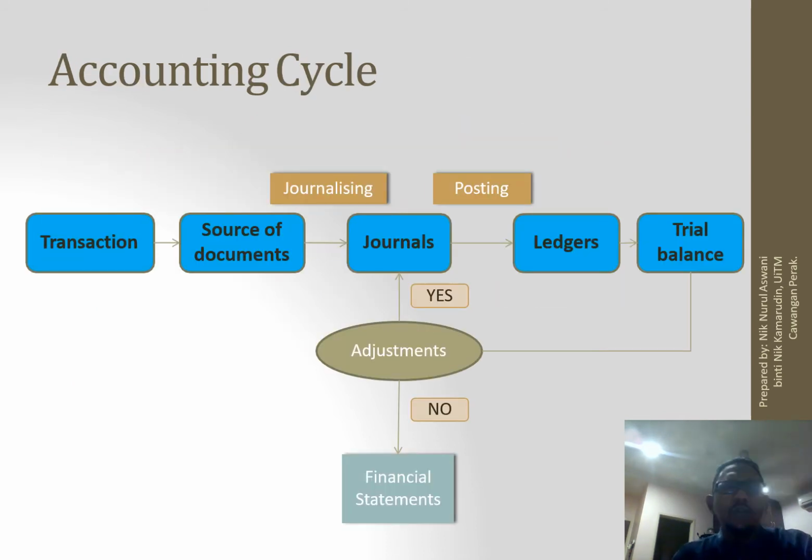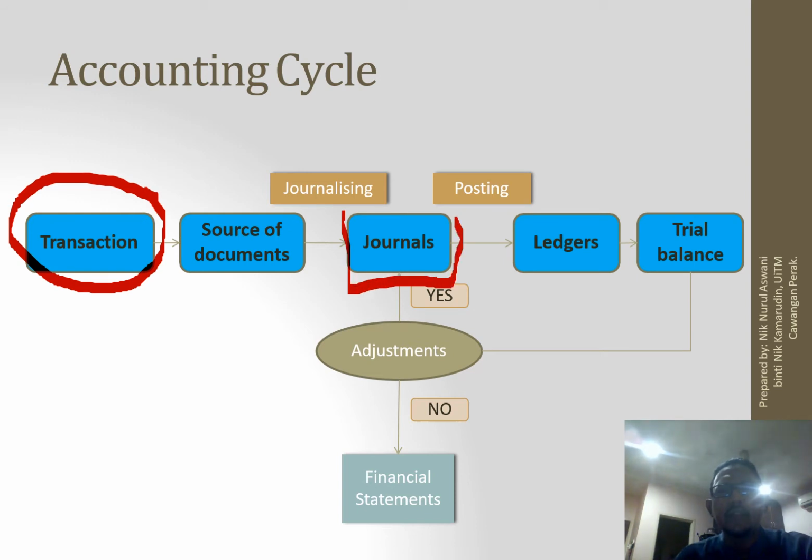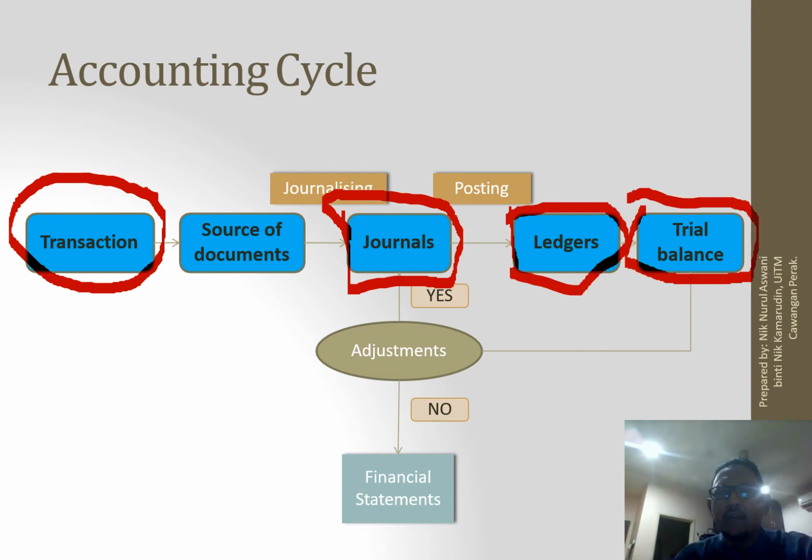So this is the accounting cycle. We start with the transactions, and then we determine the source documents, then we prepare journals, then we transfer them to ledgers, and we prepare a trial balance before we can prepare financial statements.